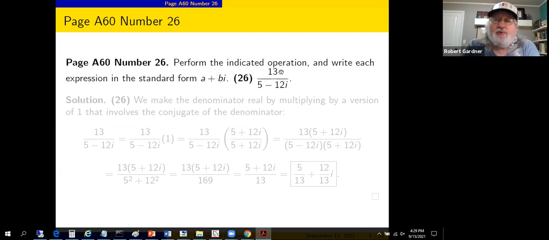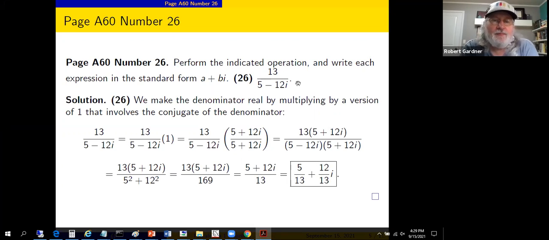Here they want 13 divided by 5 minus 12i. We could bring the 13 out front and then consider this as 13 times 1 over this. So this is effectively dealing with the reciprocal of a complex number. Okay, so here's what we're going to do.